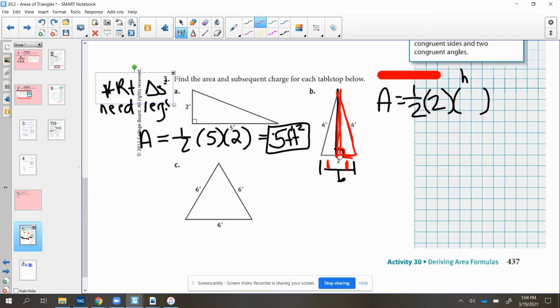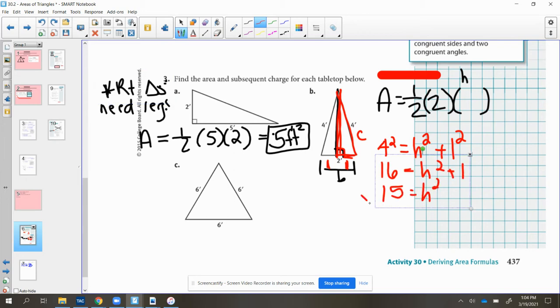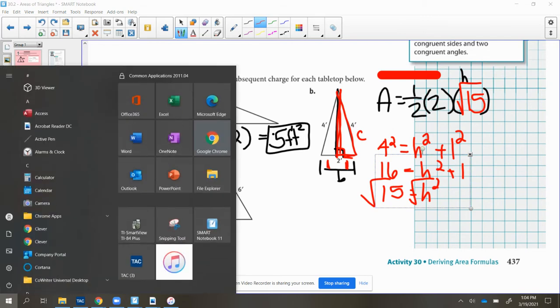So we kind of have to sidestep here, and we have to calculate c squared equals a squared plus b squared. So our height squared, and then that base, which was 1. So we end up with 16 equals h squared plus 1. Subtract. We end up getting our height to be the square root of 15. So I'm just going to plug it in as the square root of 15 for now.